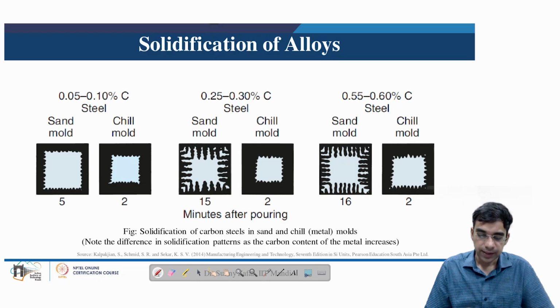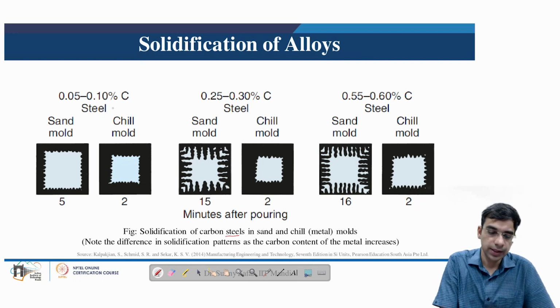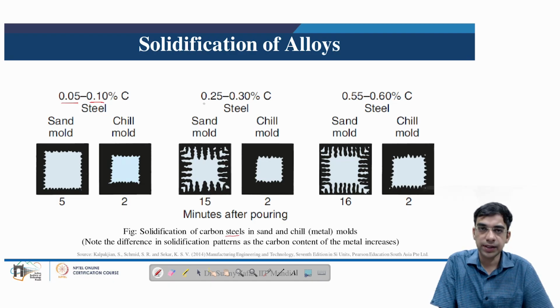Here, as we can see, is the solidification of carbon steels, which are alloys. We can see the percentage of carbon increasing: from 0.05 to 0.1 in the first case, 0.25 to 0.3 in the second case, and 0.55 to 0.6 in the third case.